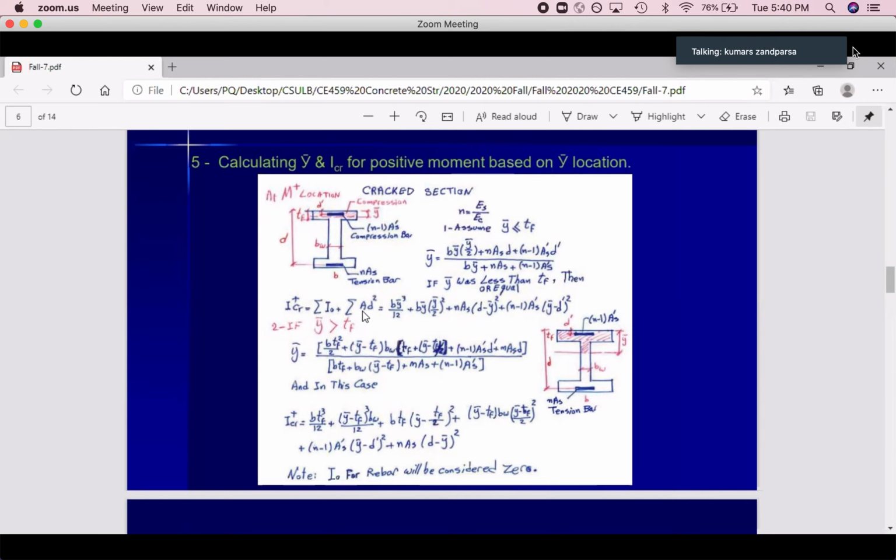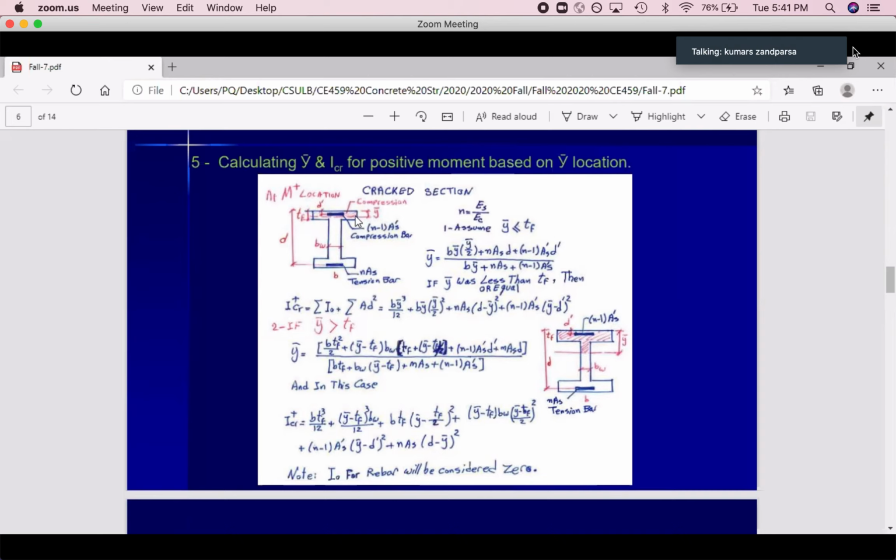The rest are A D square. A means area of this, B times y bar, times distance to the neutral axis. Neutral axis is y bar. Distance to neutral axis is y bar divided by 2. For the first part it is exactly the same: area times distance from center of this part to the center of the hole.